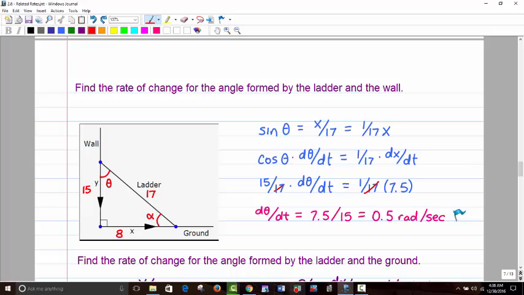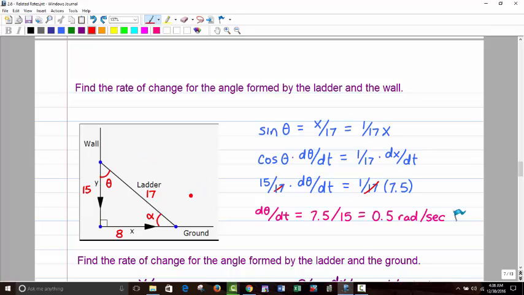Now, let's see. Here's the thought process. Obviously if you have an angle theta here, you're going to need some sort of trig function, and you've got 6 possible options.